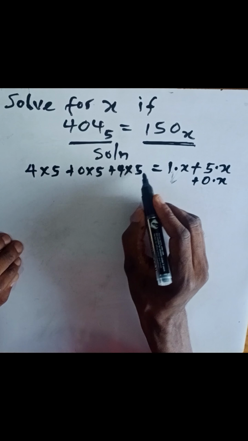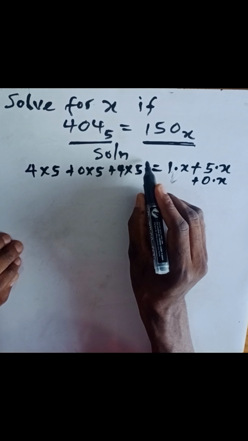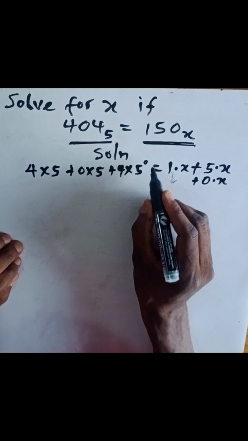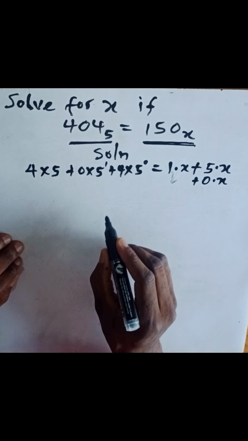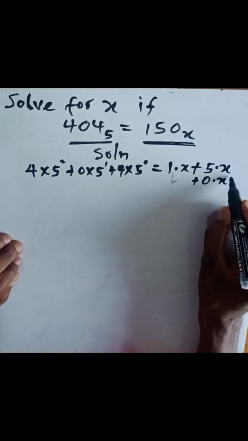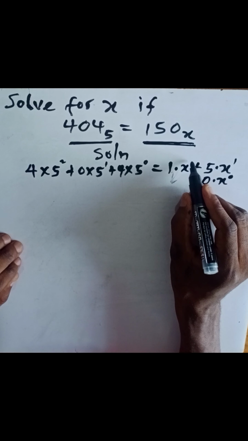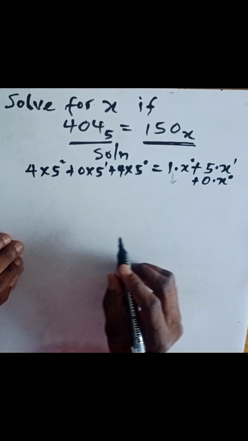Now this 5 will take a power of 0, this one will take a power of 1, and this one a power of 2. While for x, starting from the last value, it will also take a power of 0, this one a power of 1, and this one a power of 2.